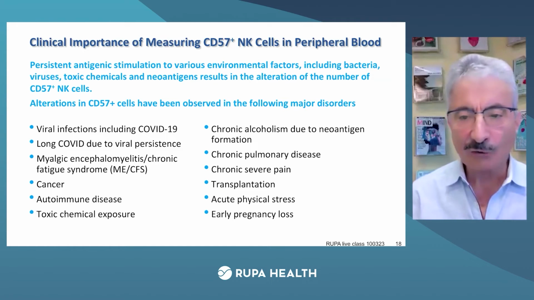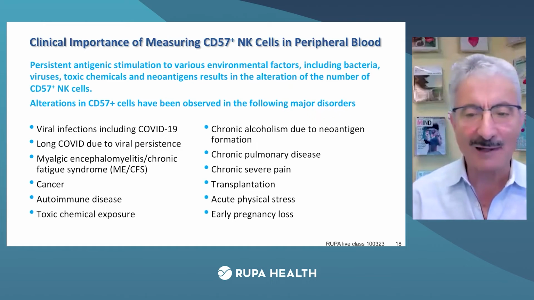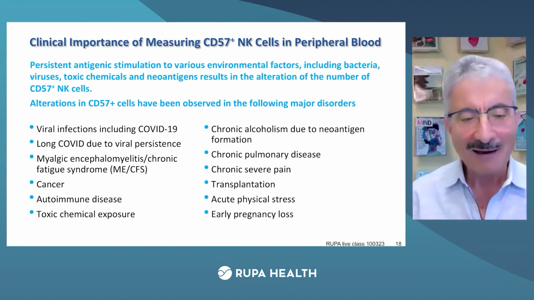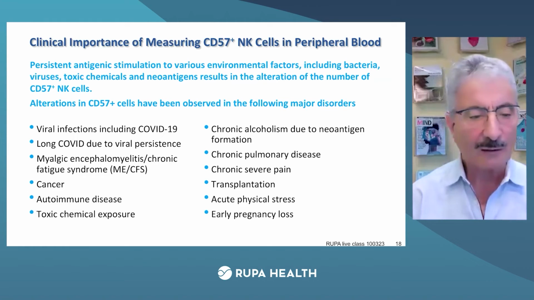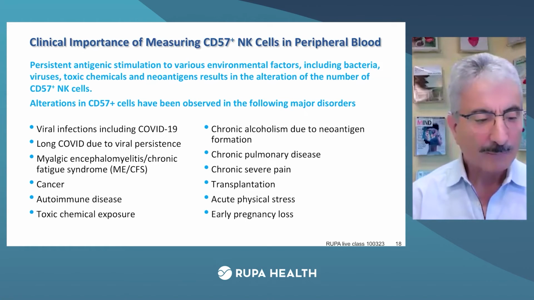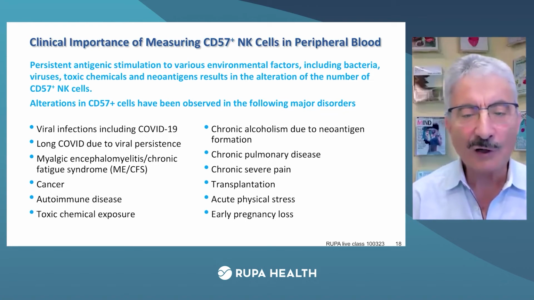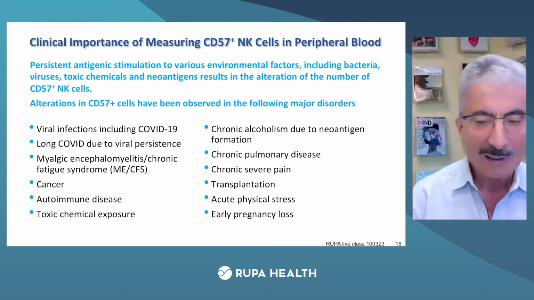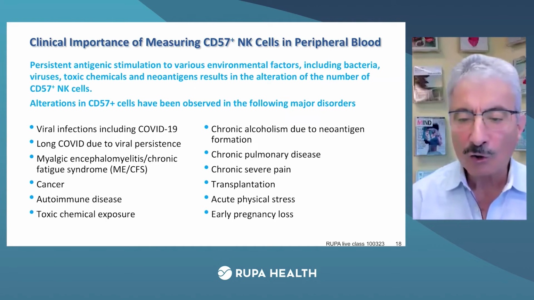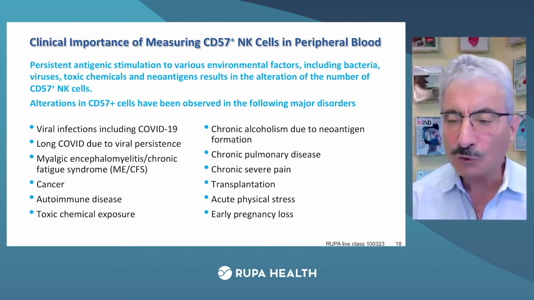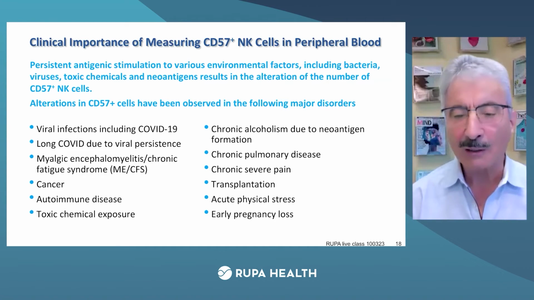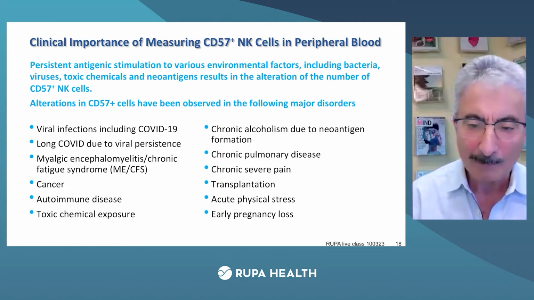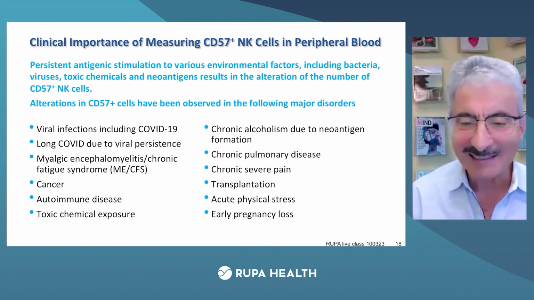That is why alteration in CD57 positive NK cells has been observed in the following major disorders, including viral infection, long COVID, myalgic encephalomyelitis, chronic fatigue syndrome, cancer, autoimmune diseases, toxic chemical exposure, chronic alcoholism due to neoantigen formation. For example, too much alcohol gets converted to acetaldehyde.